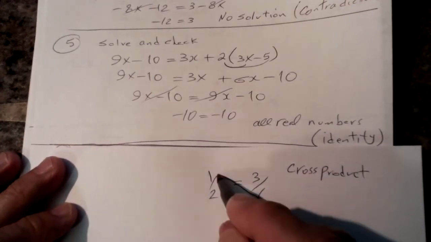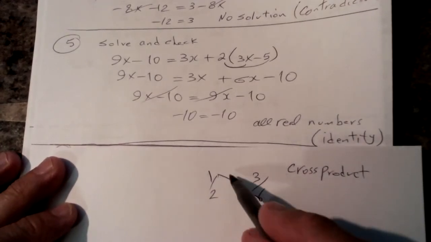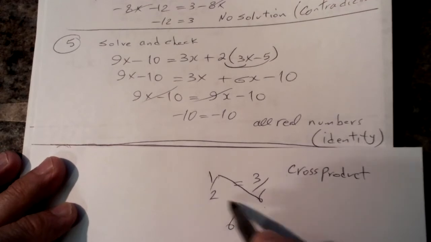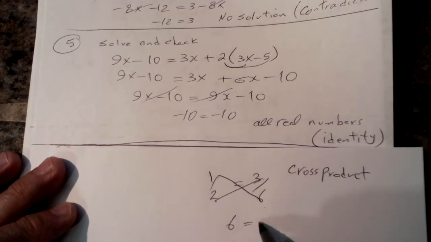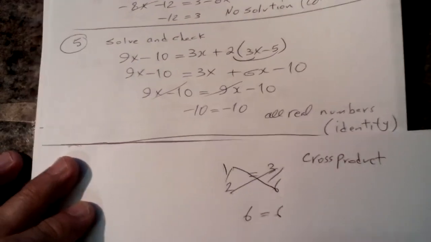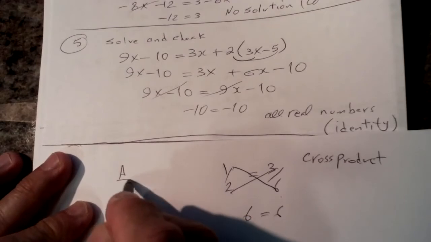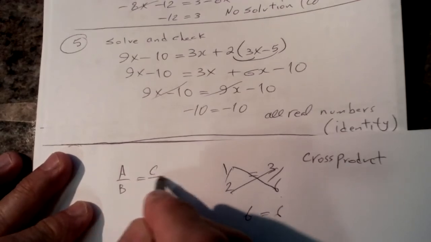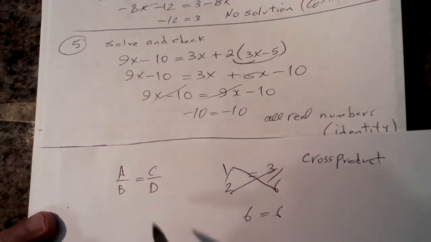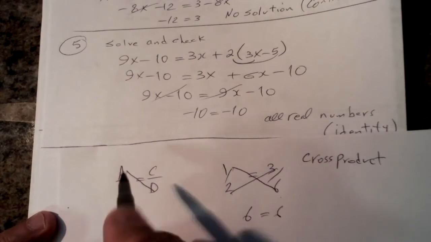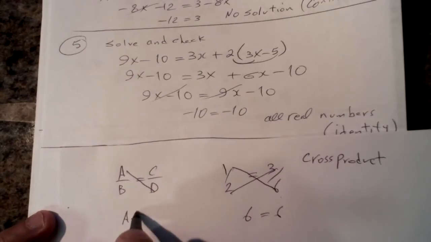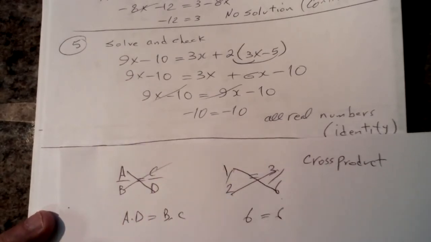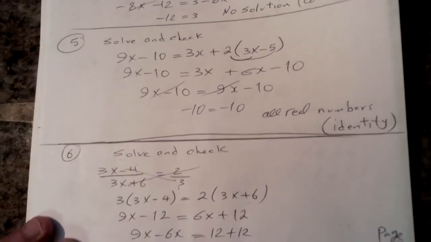So 6 times 1, or numerator of the first one times denominator of the second one, is 6, and 2 times 3 is 6. So if you have two fractions equal to each other, cross multiplication is this: a times d is b times c. So we use that one here.